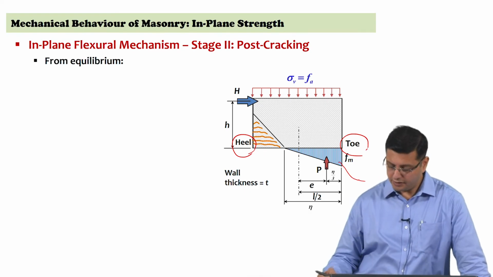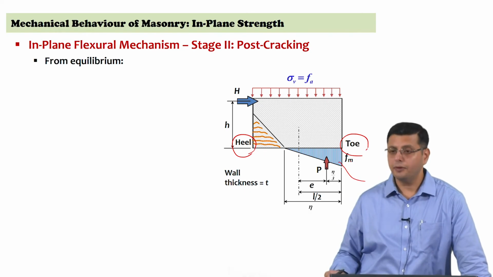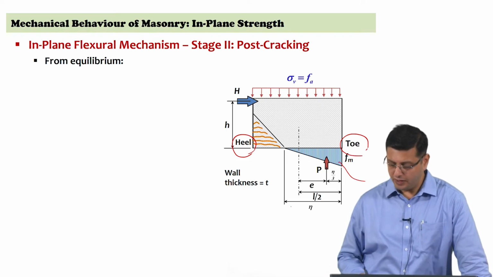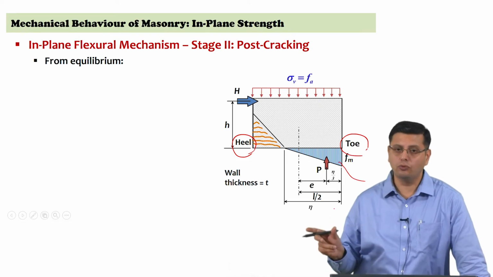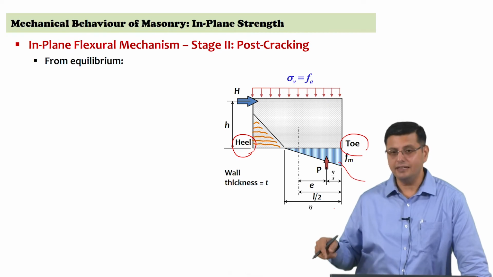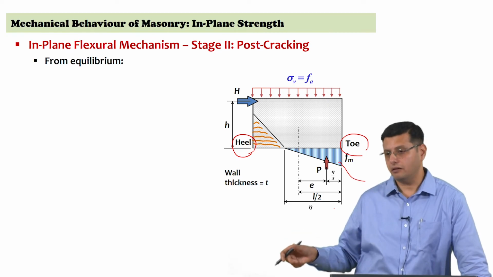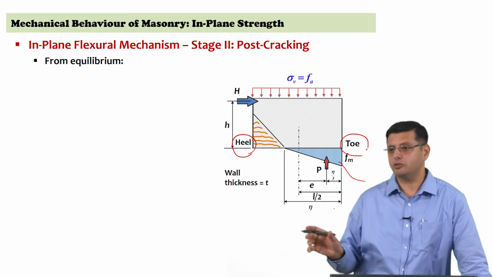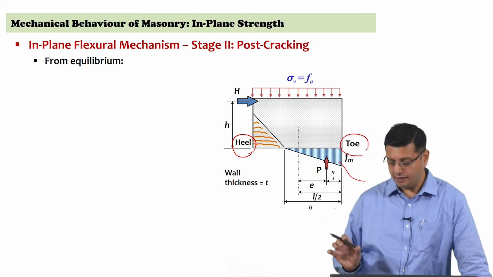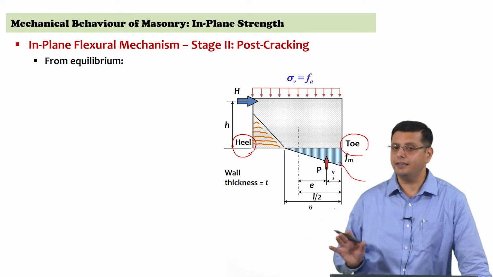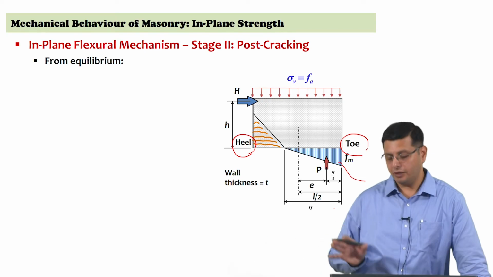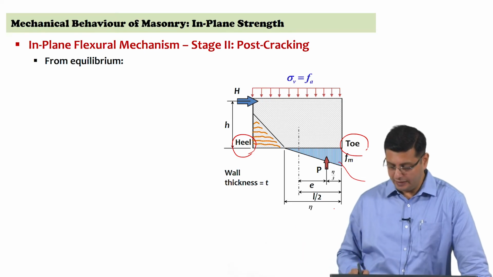In the set of notations that we are using, the compressed length of the wall is eta as a part of L. When the wall is not cracked, eta is equal to L, but now the partial length is eta.